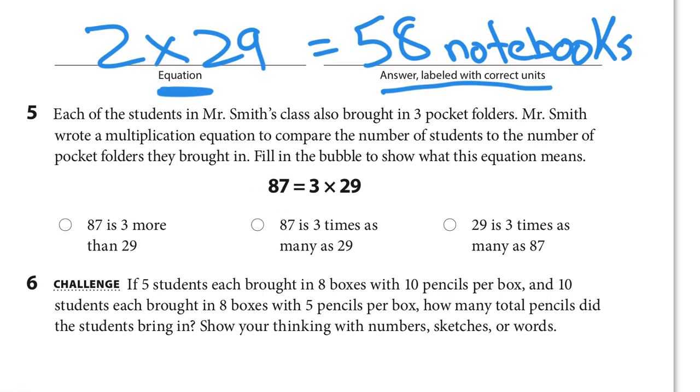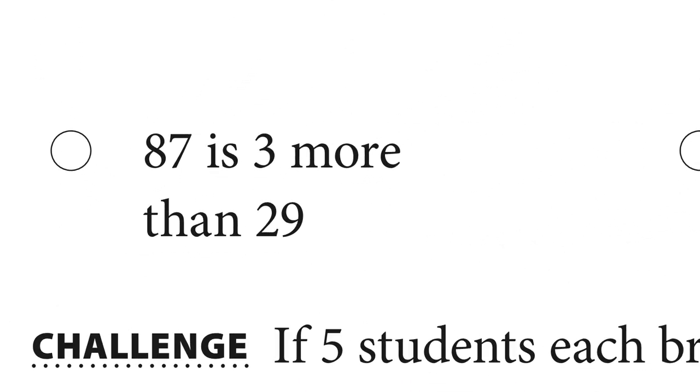Now, what we need to know is which one of these is true using this equation. 87 is 3 more than 29. 87 is 3 times as many as 29. 29 is 3 times as many as 87. Wow. Well, let me work this out with you if that's okay. 87 is 3 more.